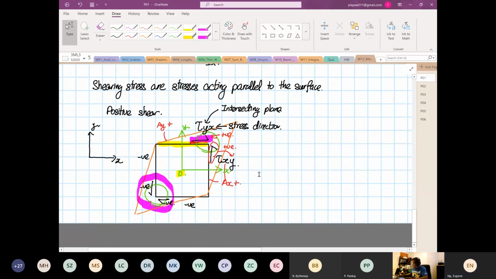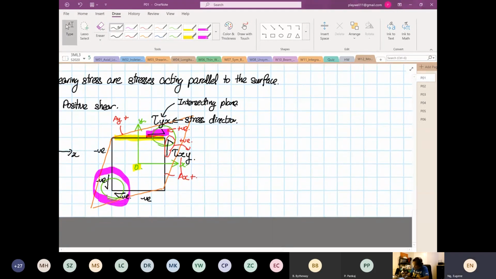Now, how does this look in Mohr's circle? Again, we label this surface X, and we label that surface Y. For this case, stress X is equal to stress Y, both equal to 0.